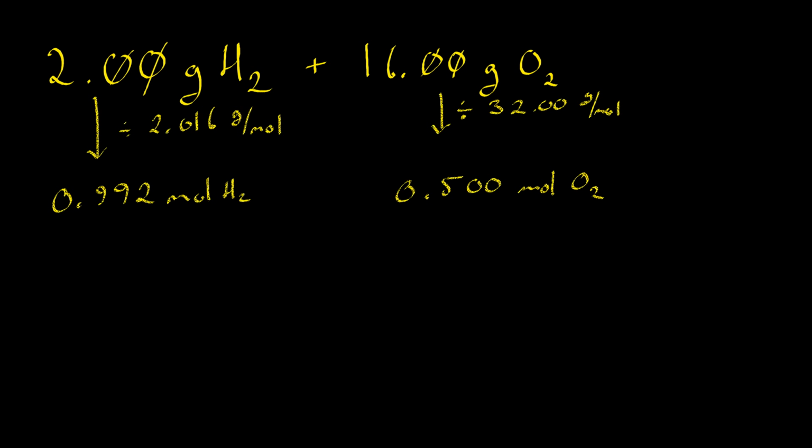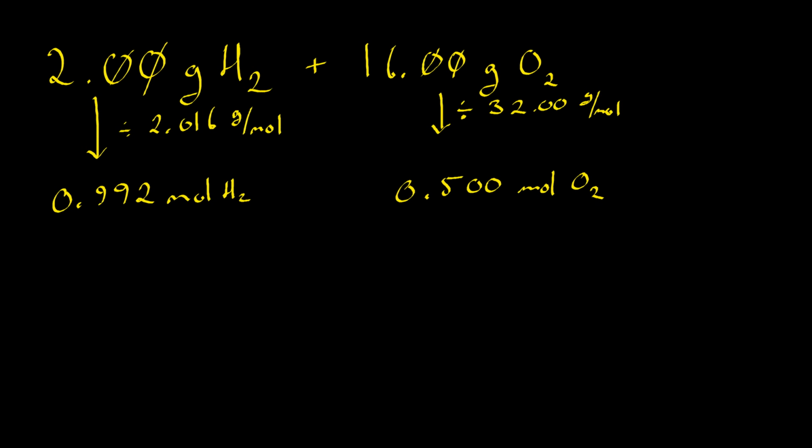So we divide 2 grams of hydrogen by 2.016 grams per mole, and you get 0.992 moles. You divide 16 grams of oxygen by 32 grams per mole, and you get 0.500 moles.